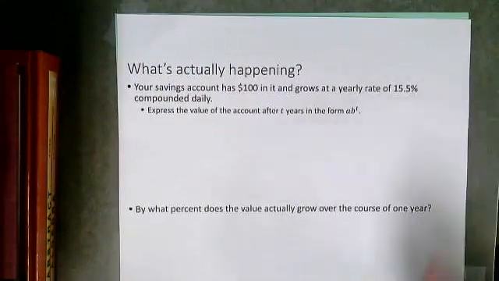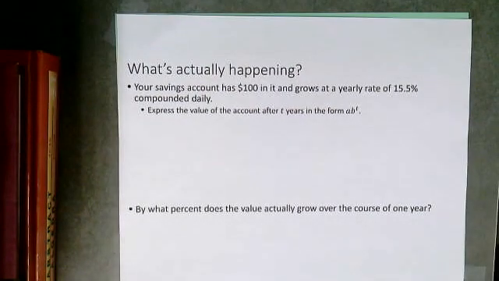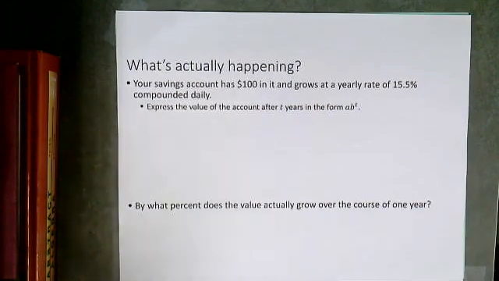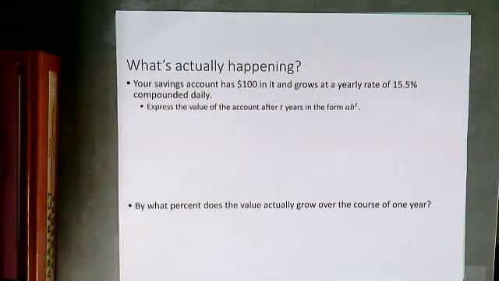All right, so what's actually happening here? Suppose you have a savings account that has $100 in it, and it grows at a yearly rate of 15.5%, compounded daily. Let us express the value of the account after t years in the form of A B to the t.